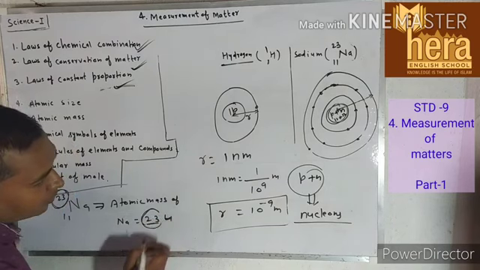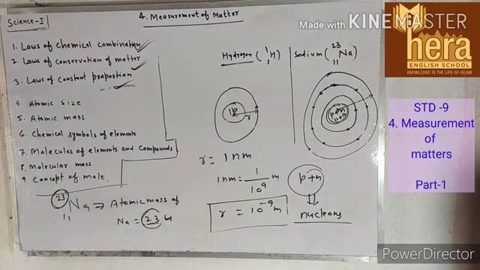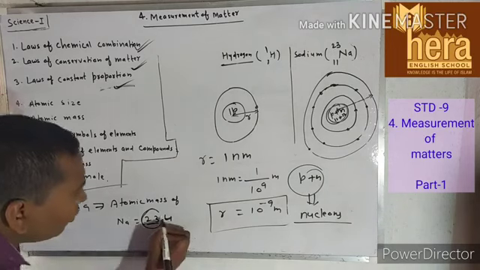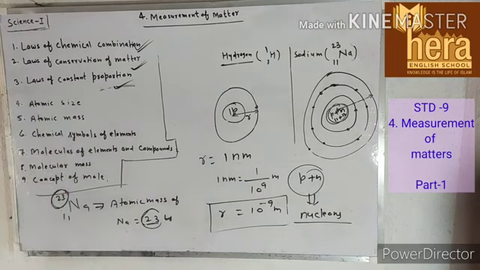U represents Dalton. U is, we can say, unified mass, and now it has been accepted as the unit of atomic mass. U is the unified mass and it is called Dalton.